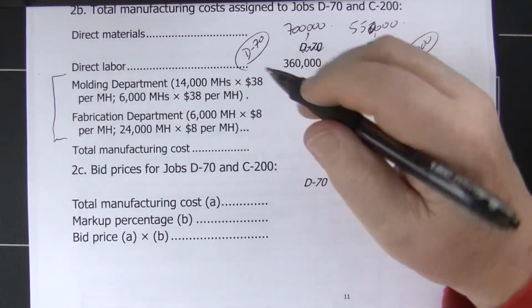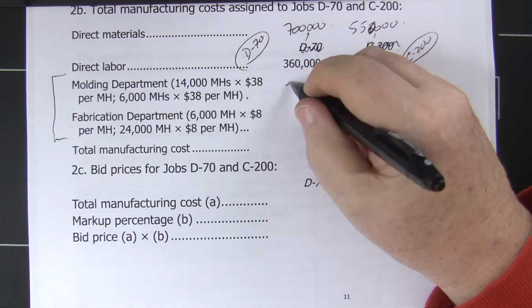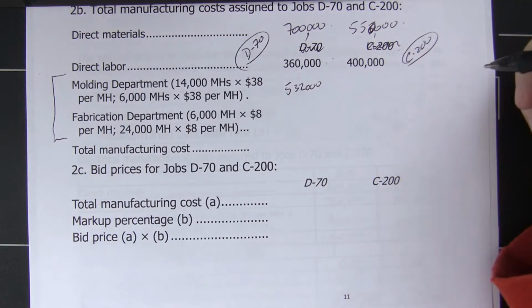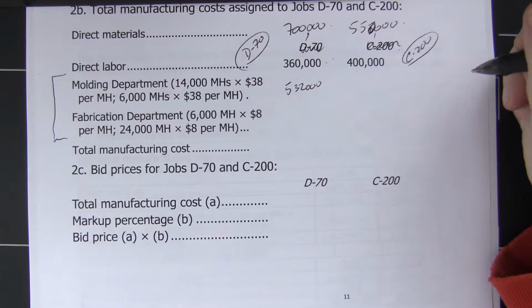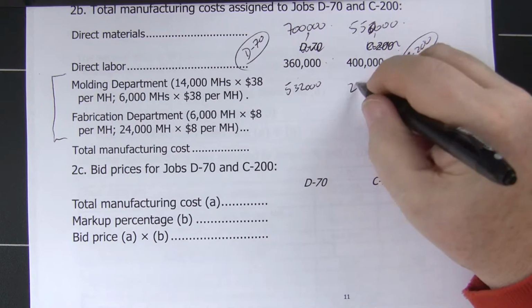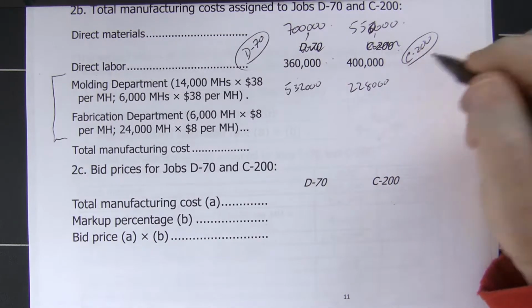That's $532,000 of overhead from the molding department for job D70. And we're told that job C200 used 6,000 hours from the molding department. So 6,000 hours times the 38 is 228,000.